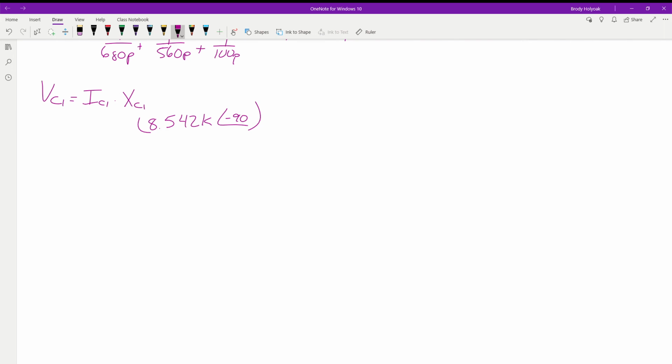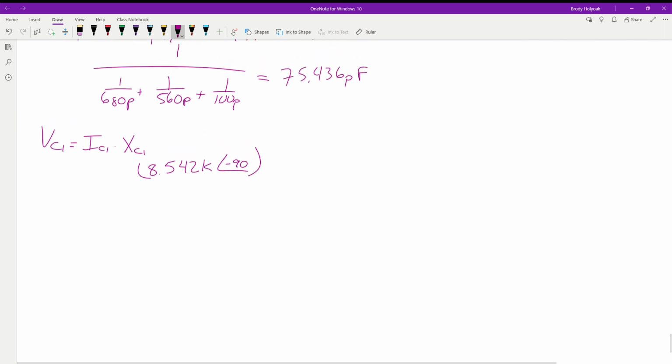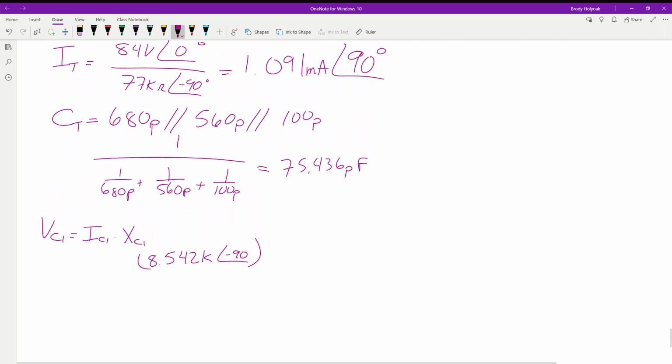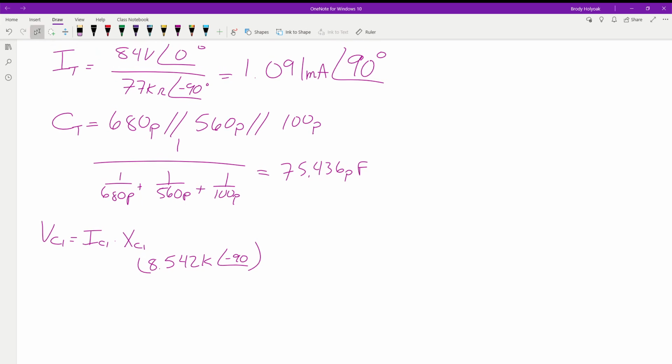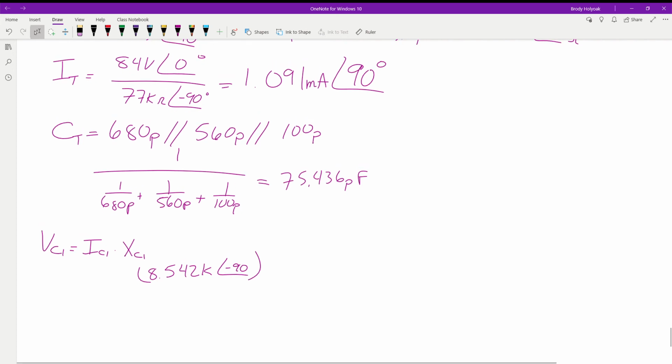Okay, and then what was our current? That's our capacitance. Our current's right here, because it's a series circuit. How much? No, our current total is right here. That was the resistance total, was the 77,000.